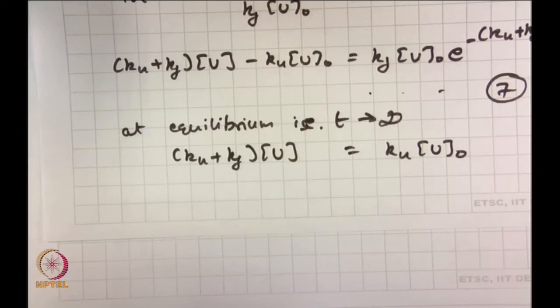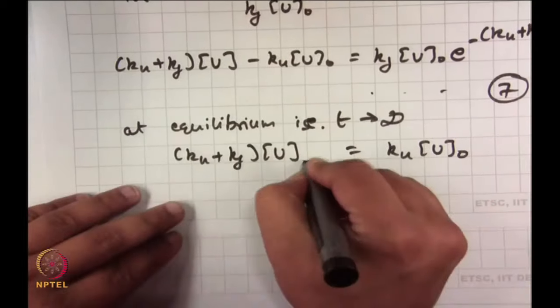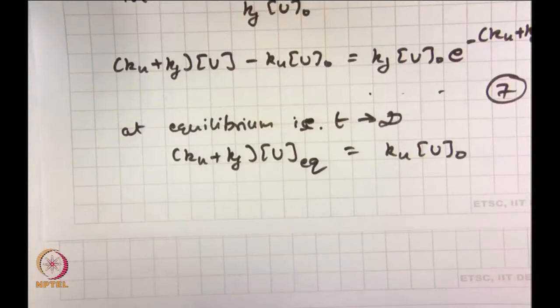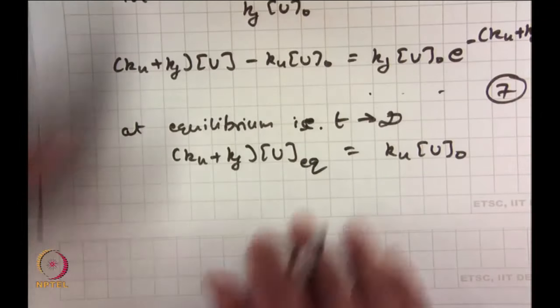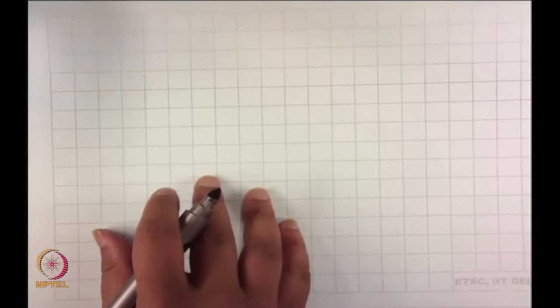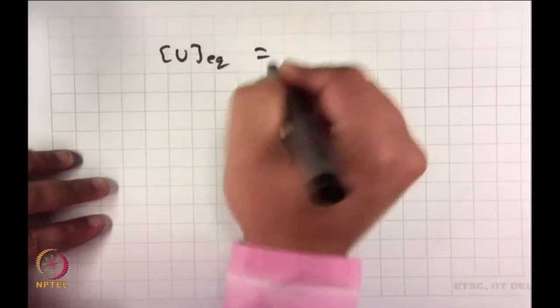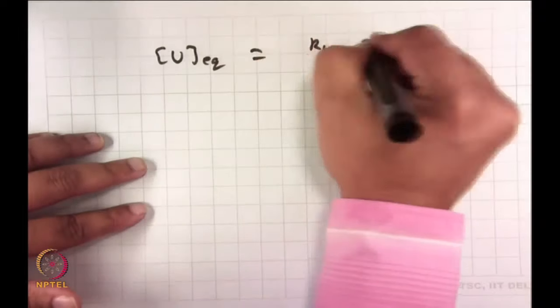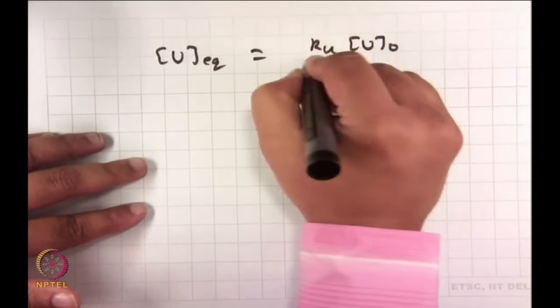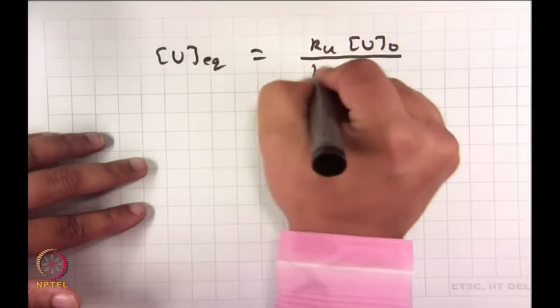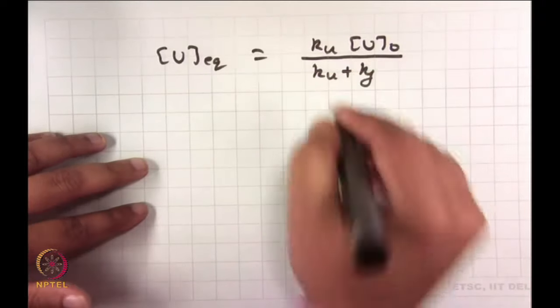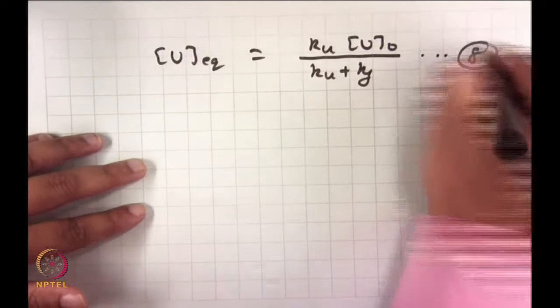Then what should the concentration of u be labeled as now? It should be labeled as u equilibrium. So, quickly then I have u equilibrium is equal to k u times the concentration of u naught over k u plus k f, and let this be equation number 8.